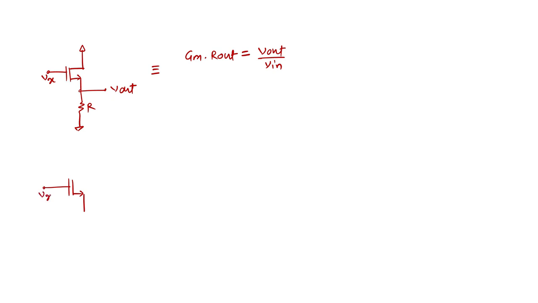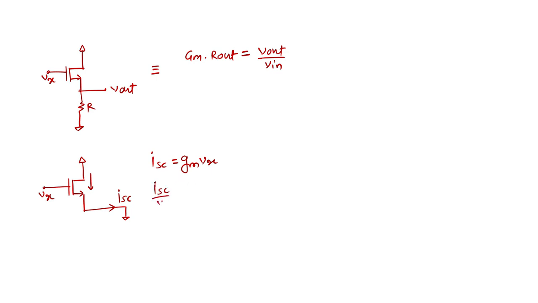For this, Vx is applied, here it is 0. Here I want to short it, ISC. So what is the short circuit transconductance? You should see only one device is there. So this ISC is nothing but GM Vx. Okay, no other component.